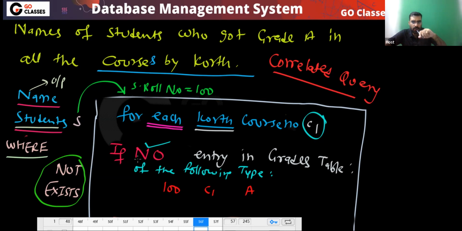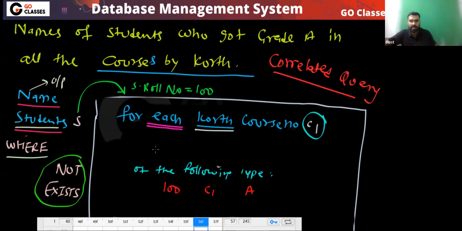So for each course, maybe I can put exists. This type of entry should be there.